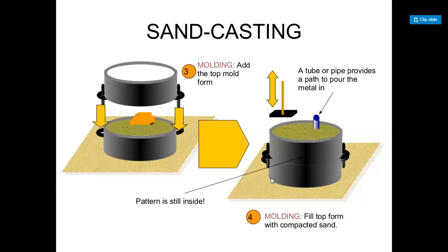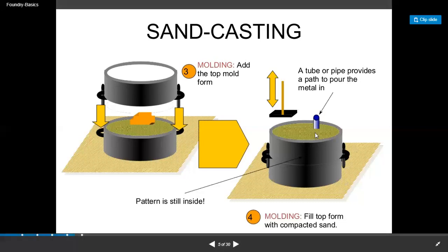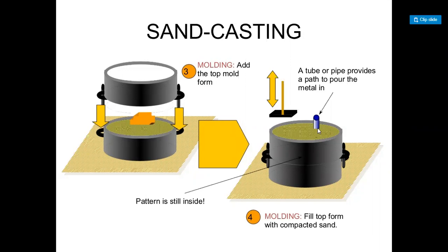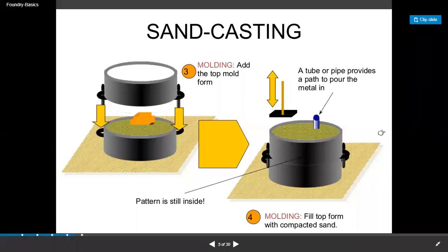In the top box also we place sand, and we put in a tube or pipe that provides a path to pour the metal. Another hole is also placed; it is a riser. The riser shows the level of the pouring material.